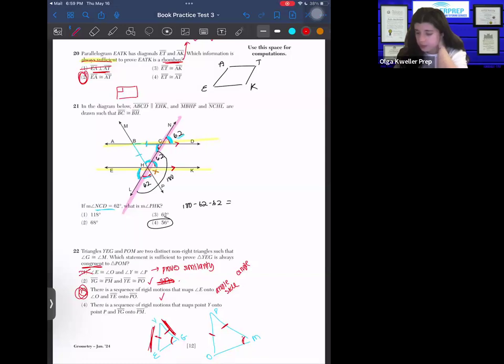And this is saying PO and PM, but the angle of congruence that we have is not the angle between them. So that's kind of how they tricked you of why you can't use that theorem here, making the only correct answer choice 3.